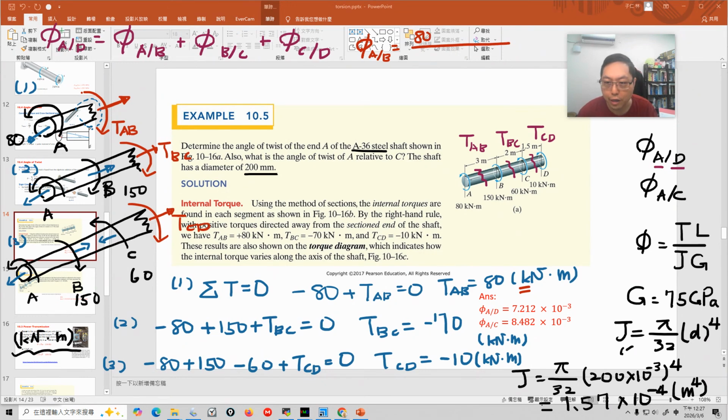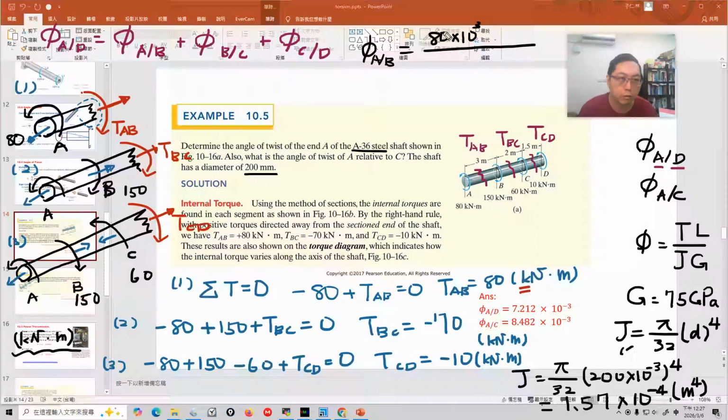So phi AB is equal to 80 times 10 to the power 3, times T, times L. What is L for the AB section? L for the AB section here is 3, over J. What is J?